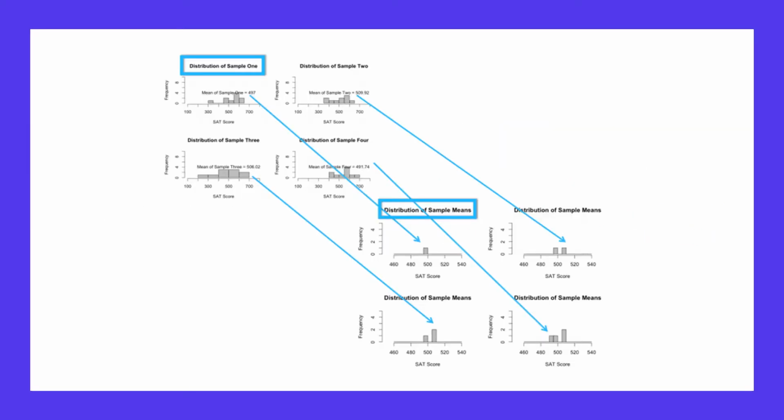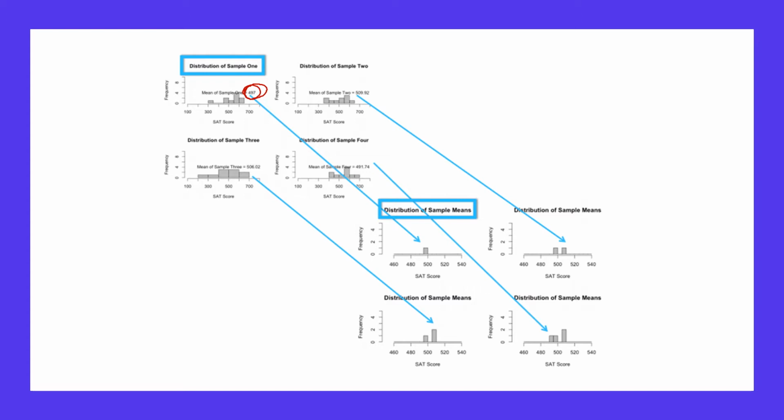All right, so what does that look like? Here they have a graphic, and if you look at the top part of it, it says the distribution of one sample. If we took one, it has a mean of 497.